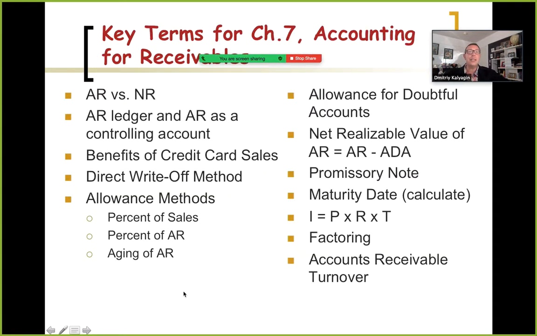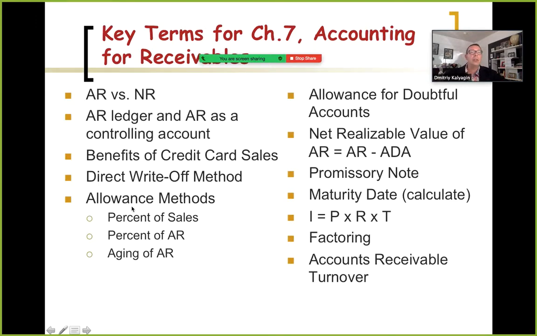And now you can see key terms for chapter 7. We talked about accounts receivable versus notes receivable. We talked about AR as a controlling account, and it has an additional subsidiary accounts receivable ledger. We talked about credit card sales very little. And we compared the direct write-off method, which is not allowed by GAAP but used for taxation purposes, versus the allowance method.